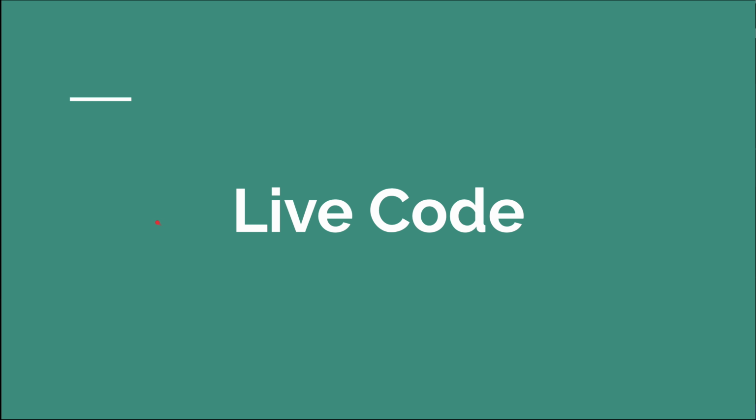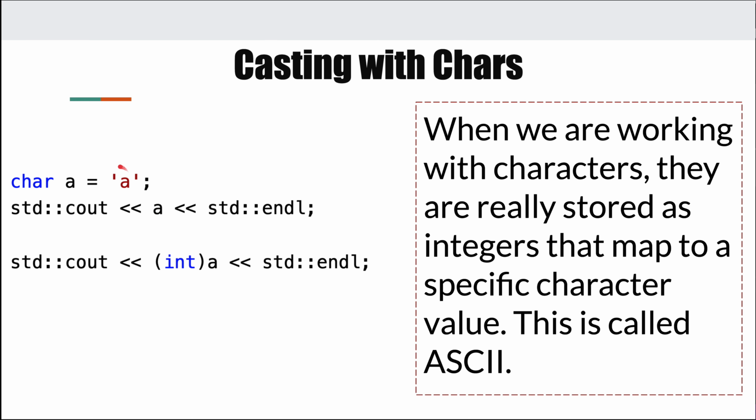So if memory serves, a lowercase a is going to give you a 97 as an int. So if I cast this char to be an int, it should print out 97, okay? And I believe a capital A would be 65.